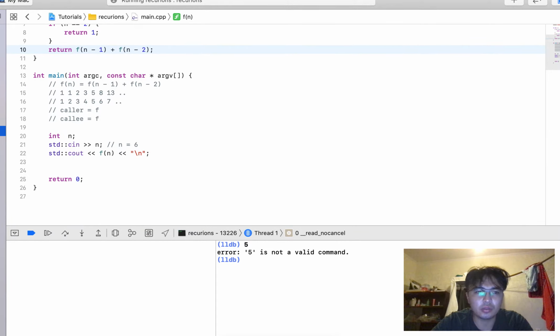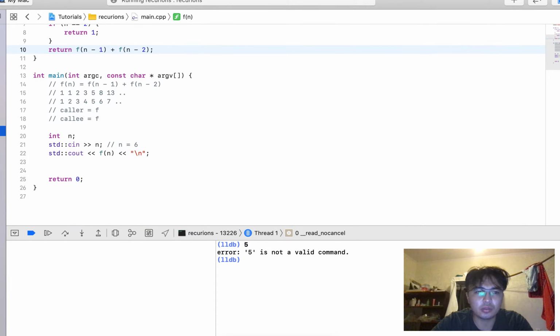So we solved this problem, but we need to understand a very deep concept about recursions. In order to understand this a bit deeper, I will change the statement of this problem a little bit. Let's say that instead of outputting the nth Fibonacci number, we will output the Fibonacci numbers from 1 to n.